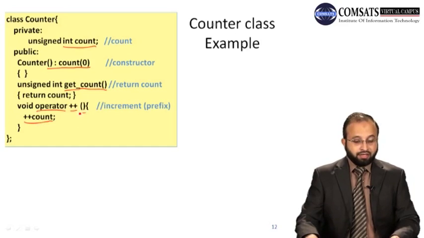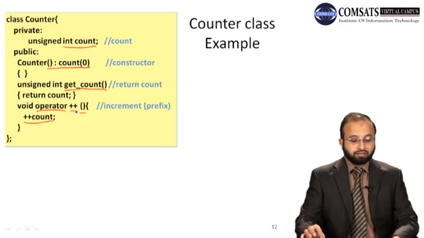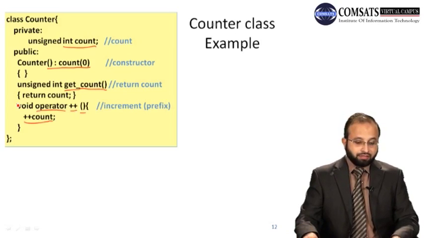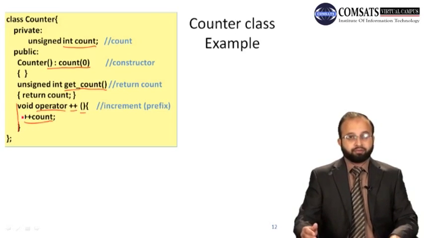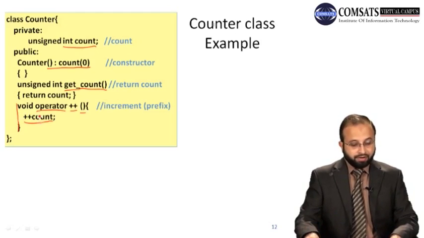Now one thing to see: whenever an object of the counter class comes with the ++ operator, for example ++C1, C1 is the object that causes this function to be executed, right? So the object that triggers this function execution, its private data member count will have its value incremented, that's it.